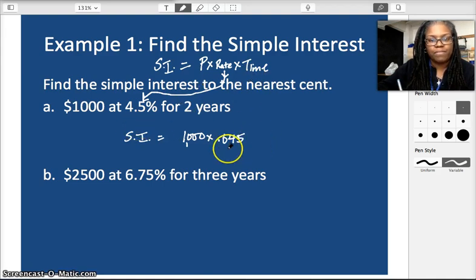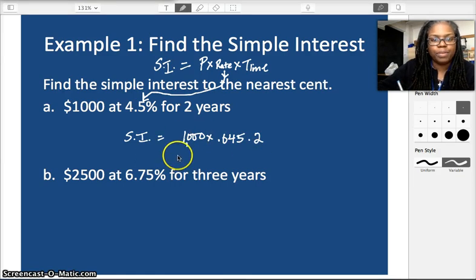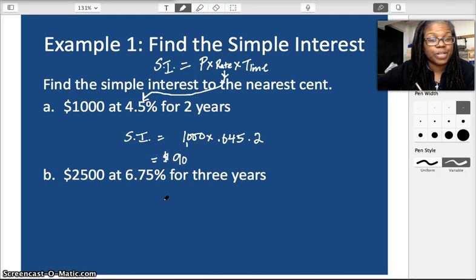It will be invested at this rate for 2 years. So then we multiply by 2. Multiplying all of this together, we get that the simple interest made over this time would be $90. And that's really how simple interest works. Pretty straightforward, right? Let's try another problem.